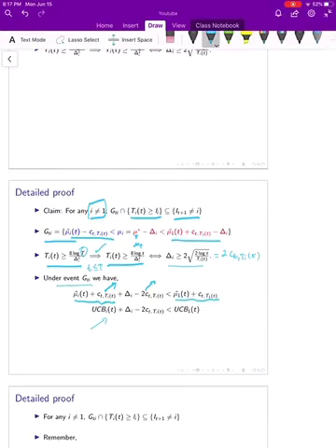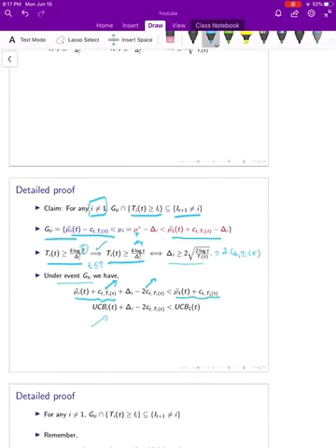So hence under this event this is positive.